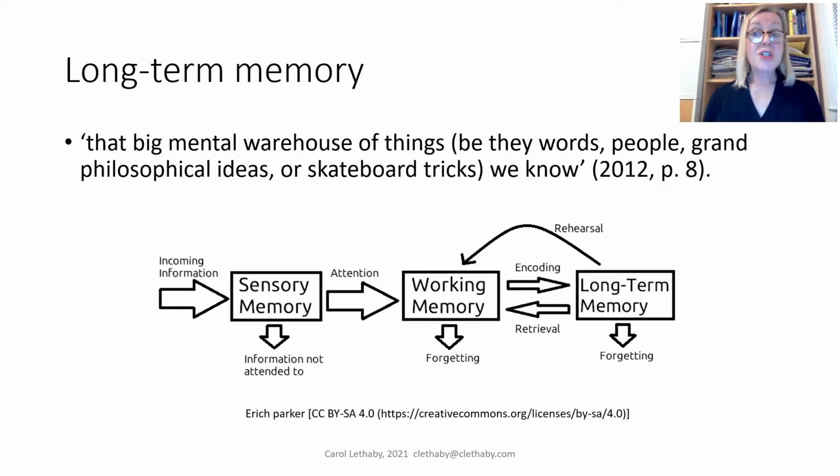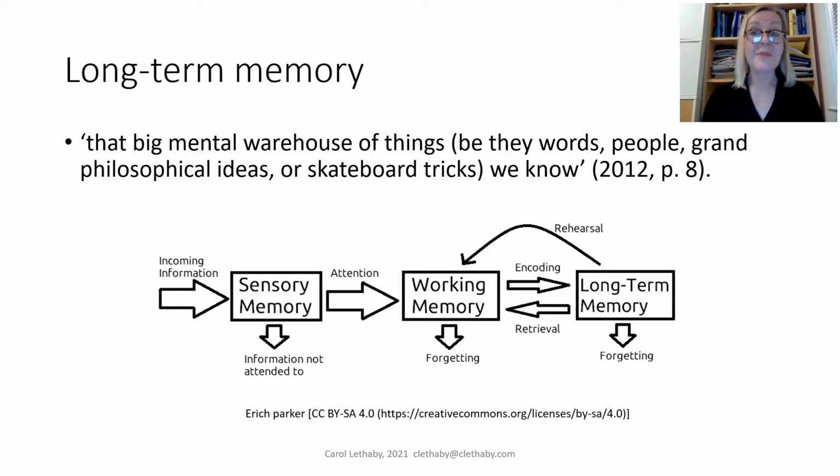The long-term memory, on the other hand, is, as Sweller and Kirschner and Clark call it, the big mental warehouse of things we know. So this is what we know of as memory, really. This is where we store large amounts of information, and it's pretty permanent.